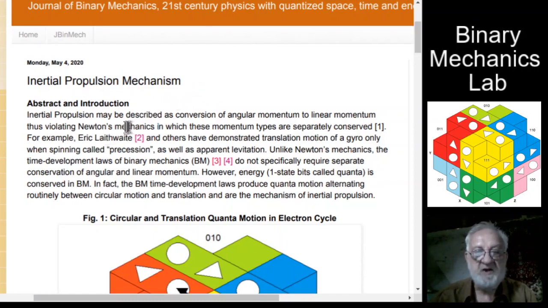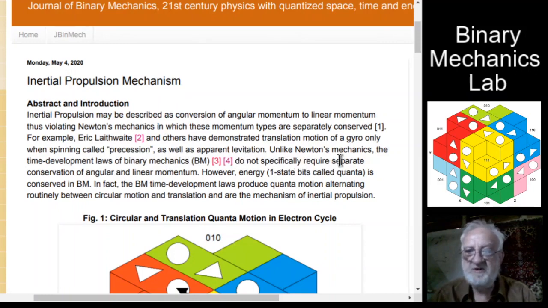Inertial propulsion may be described as conversion of angular momentum to linear momentum, thus violating Newton's mechanics, in which these momentum types are separately conserved. For example, Eric Laithwaite and others have demonstrated translation motion of a gyroscope only when spinning, called precession, as well as apparent levitation.